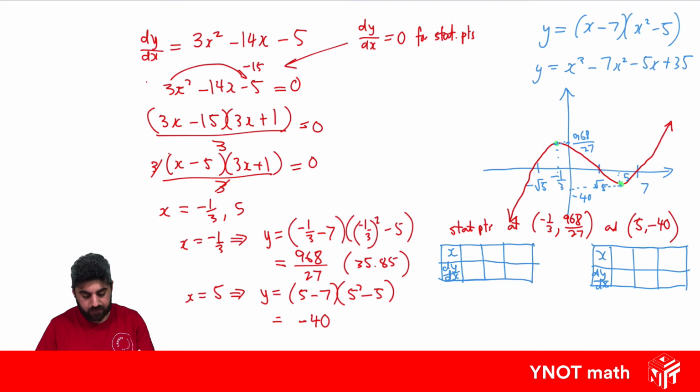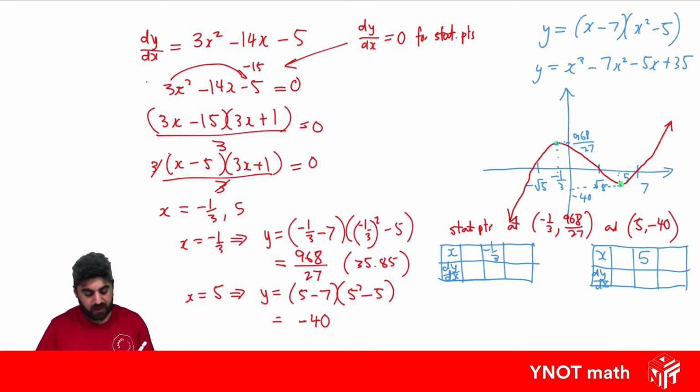And right in the middle, we're going to use our first stationary point for each one. So we want to see what's happening on either side of these points, because remember, the first derivative is the gradient of the tangent. And if we're looking on either side and we know we have a positive gradient on the left and a negative gradient on the right, we've got a maximum turning point. And if we've got a negative gradient on the left and a positive gradient on the right, we've got a minimum turning point.